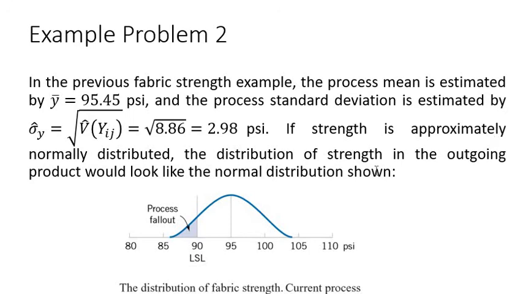So if the strength is approximately normally distributed, the distribution of strength in the outgoing product would look like the normal distribution shown here. So we'll just assume that the strength is normally distributed. This is the current process.